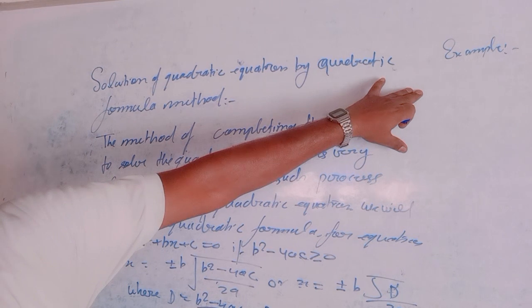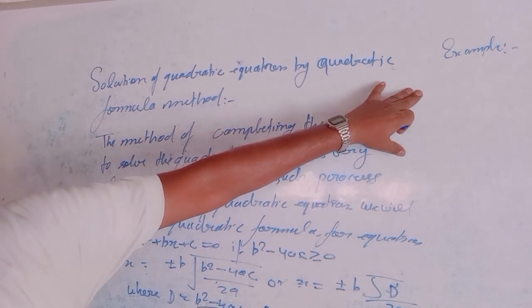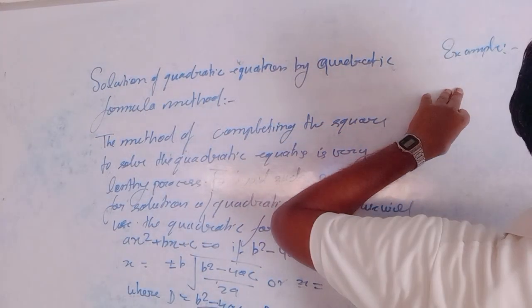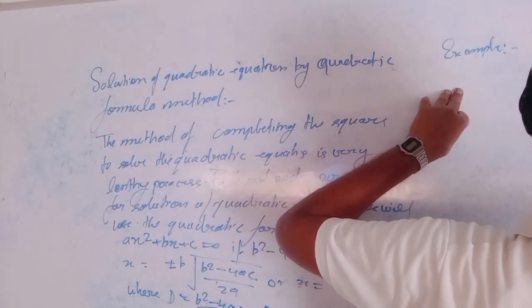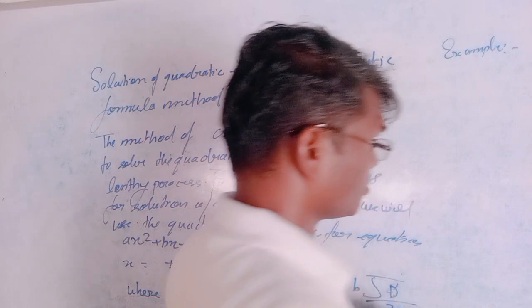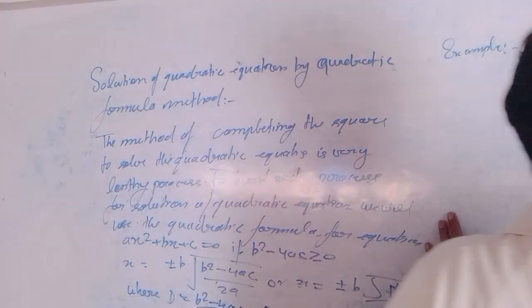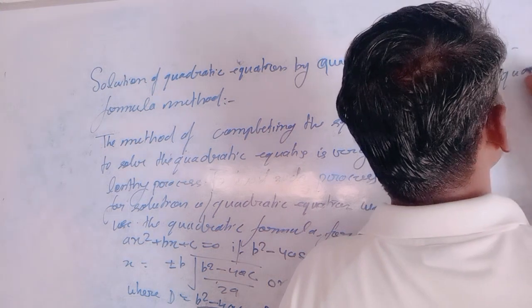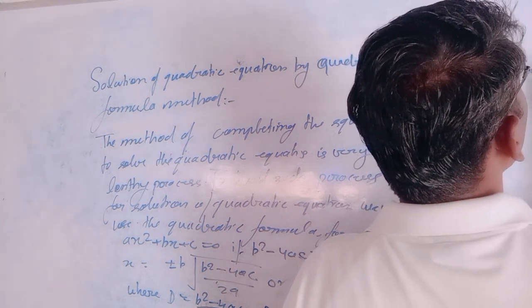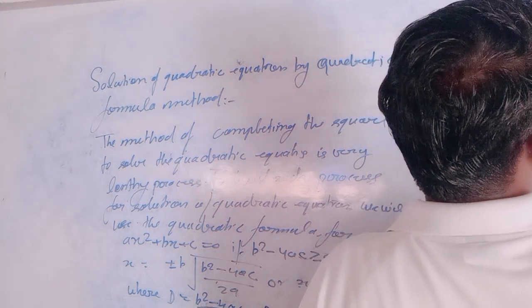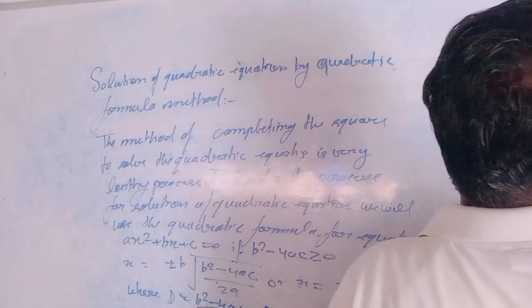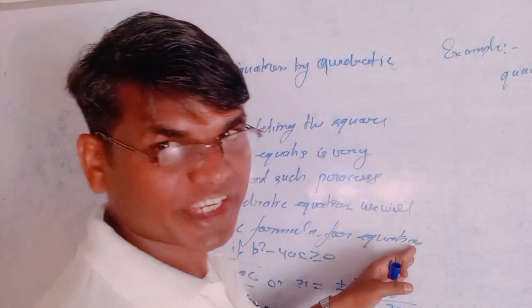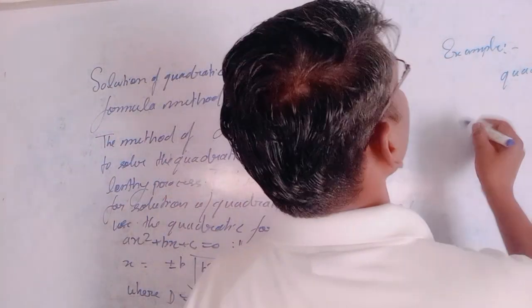Solve the quadratic equation 12x square plus 5x minus 3 is equal to 0 by the quadratic formula method.